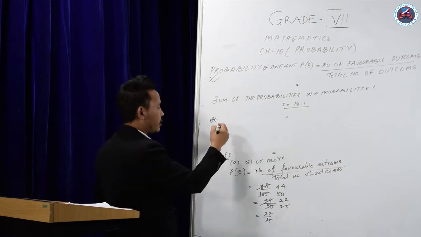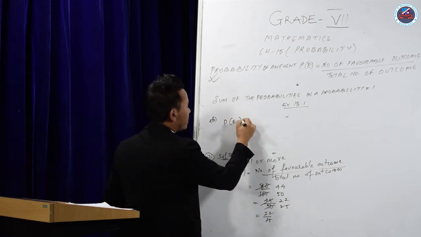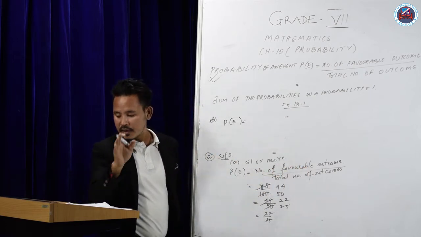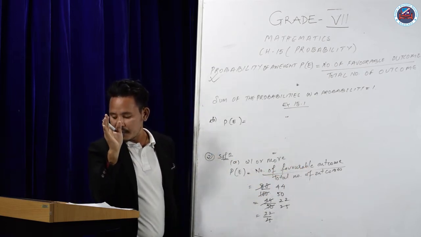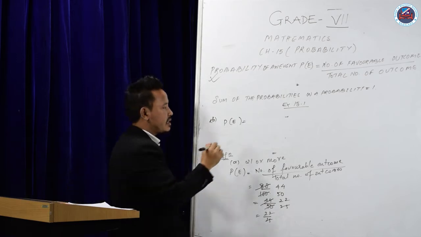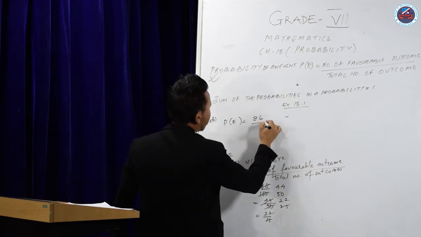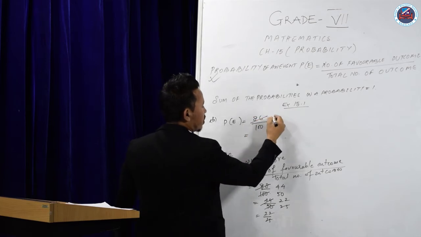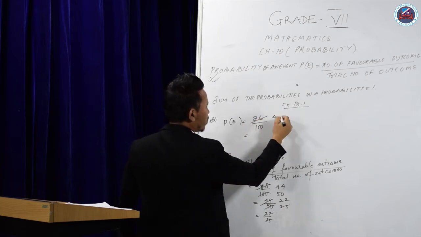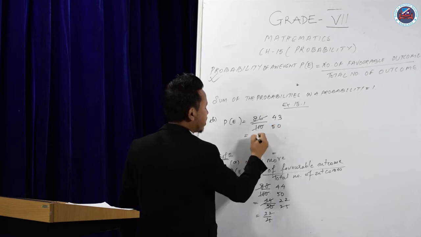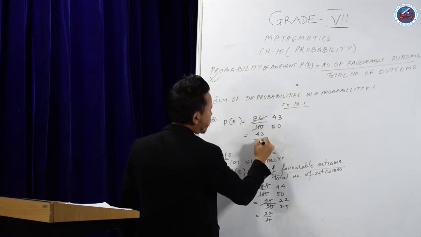That means the probability of an event, the same way, number of favorable outcomes, leaving the slot that is over 55, is 12 plus 42 plus 32, which gives us 86 by 100, which can be cancelled: 2 times 4 is 8, 2 times 3 is 6, 2 times 5 is 10, and that is 43 by 50.